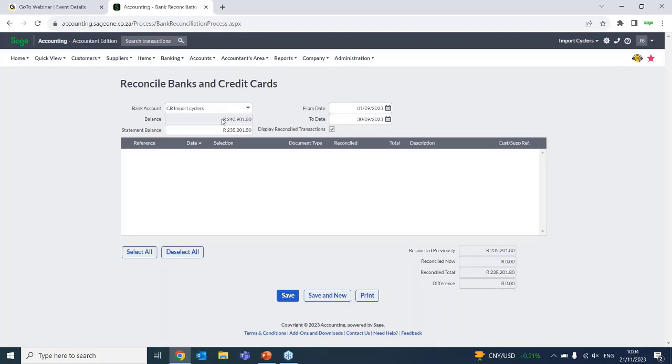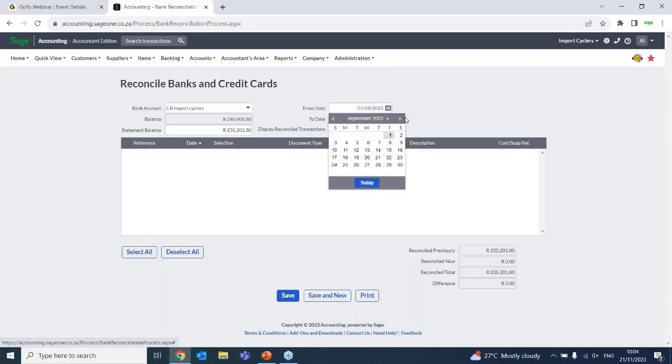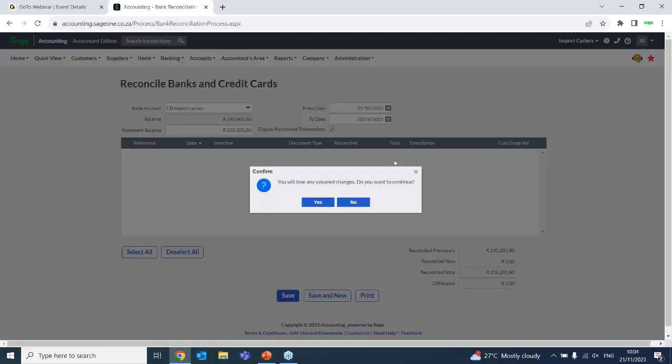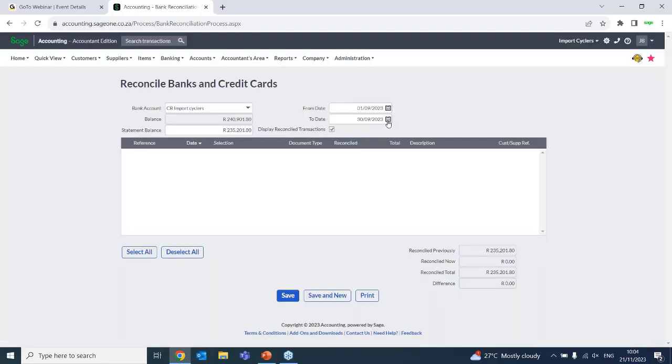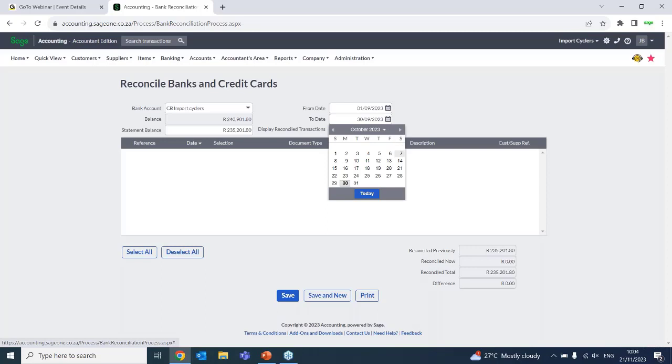Now ignore the balance as it's showing here, because this balance is your balance including all transactions that you've ever processed, whereas your statement balance is the statement balance as at the 30th of September 2023. As long as that is in balance, then we can slowly move forward and go, okay, now I want to do my October.